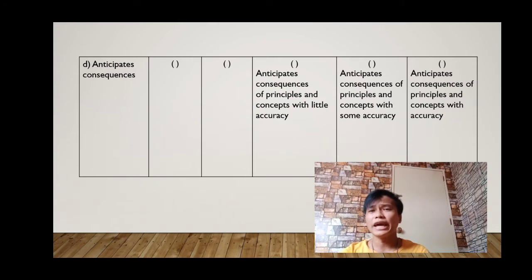So in the capable category, the students can anticipate consequences of principles and concepts with some accuracy. So an example of this, like earlier, they can predict the consequences of principles or concepts they read with some accuracy.